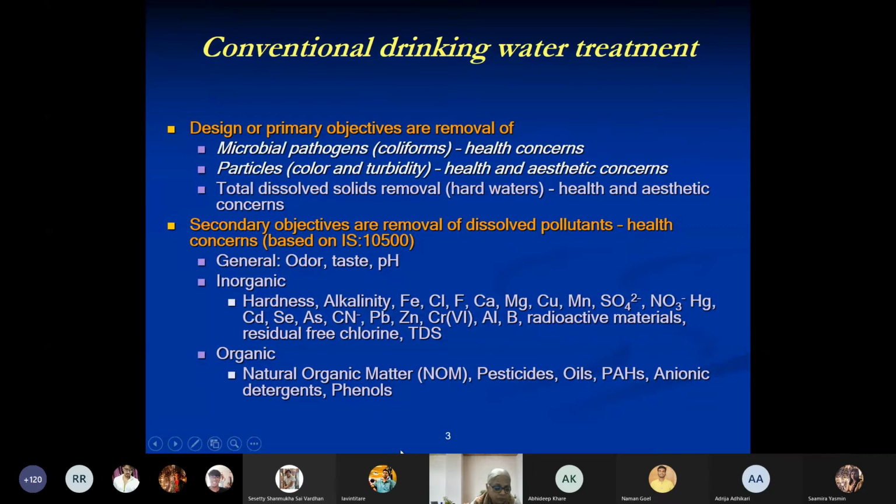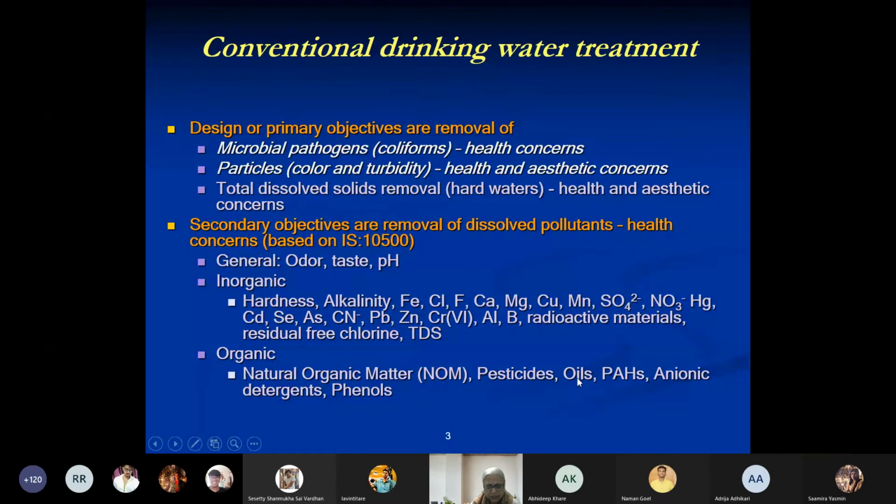Alkalinity can be associated with hydroxide or with bicarbonate, so you can measure it in the lab. And like I said, that is also an important parameter because it provides the buffering capacity of the water. Then you have iron, chloride, fluoride, copper, manganese, sulfate, nitrate, mercury.